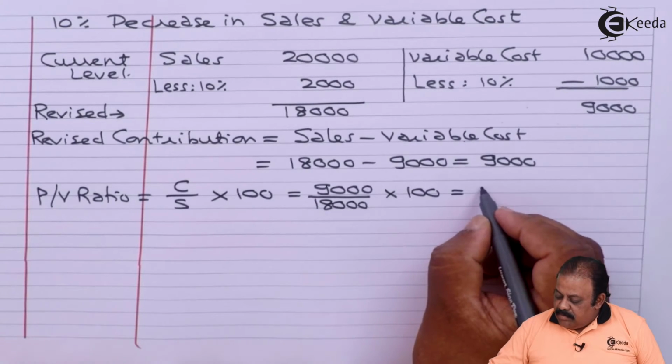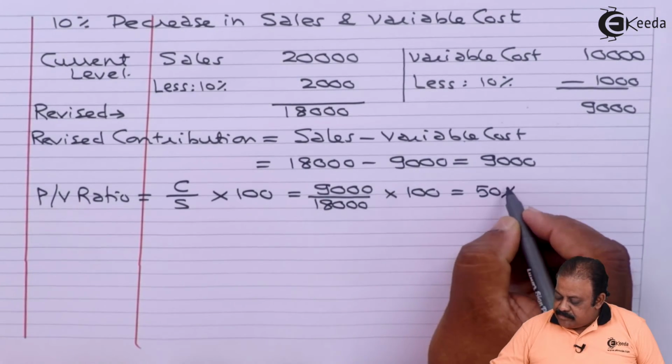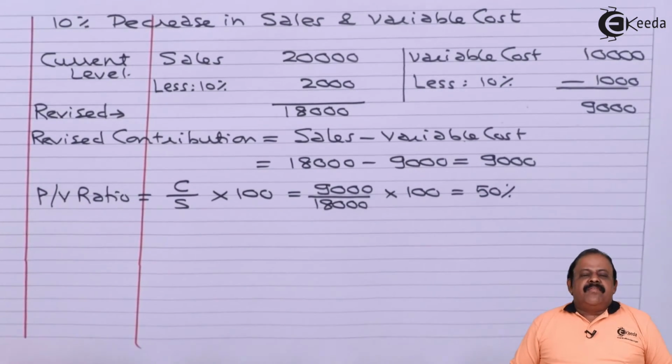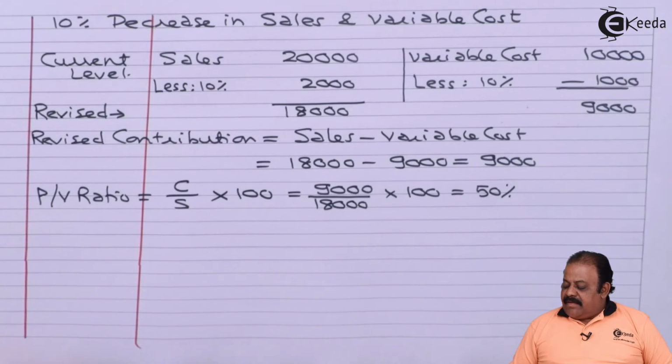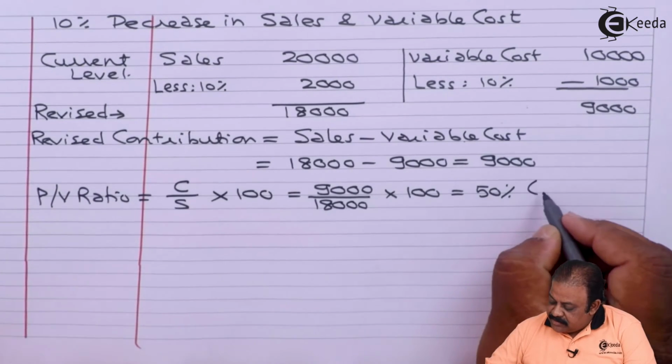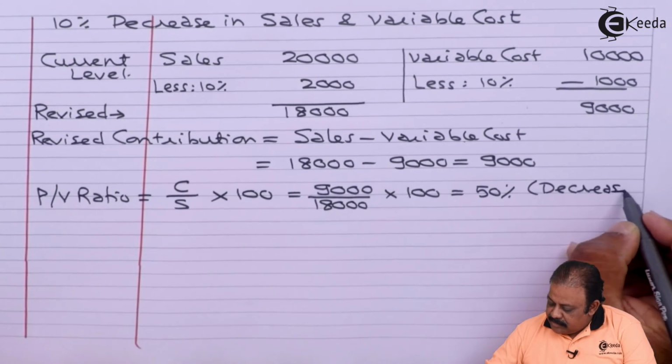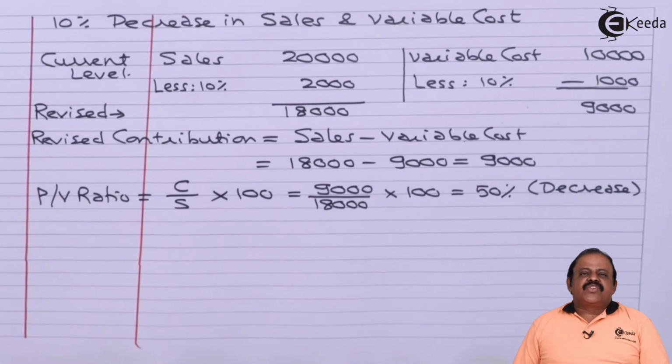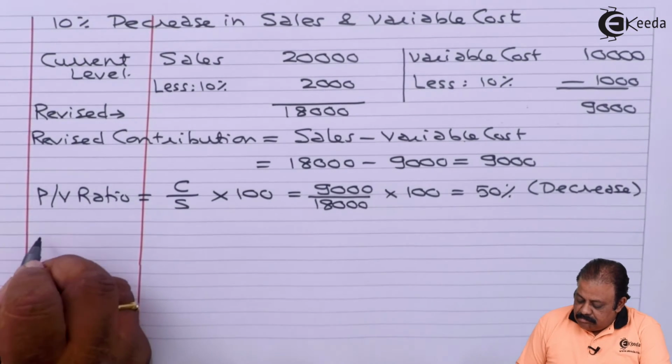So it comes to 50%. So original PV ratio was 55%, whereas revised we are finding 50%. It means there is decrease in PV ratio due to decrease in selling price as well as decrease in variable cost.